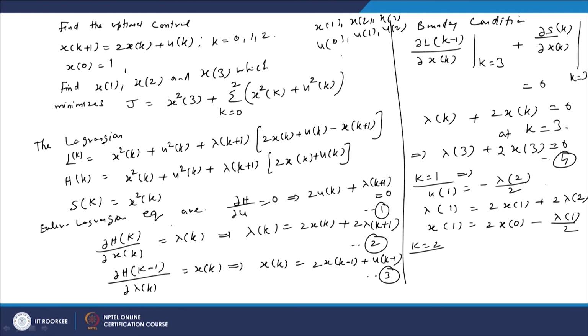We do not want to find u3, because u2, the control given at instant 2, will take the system to step 3.